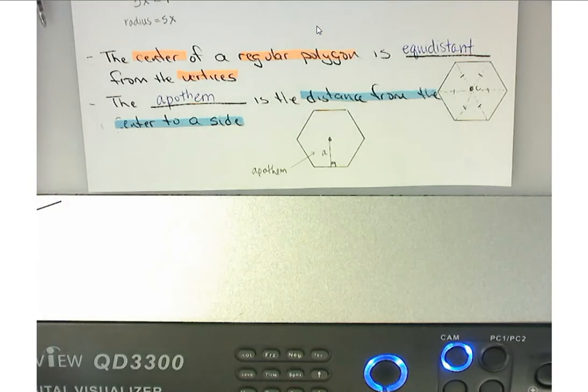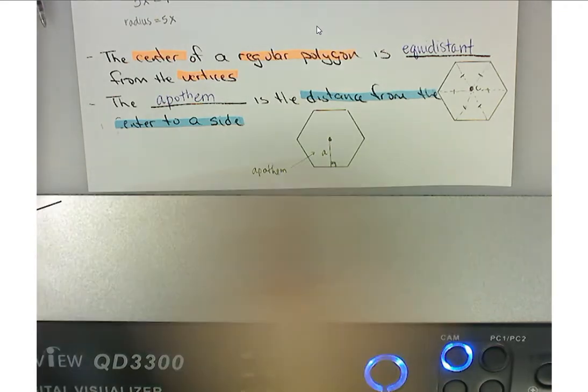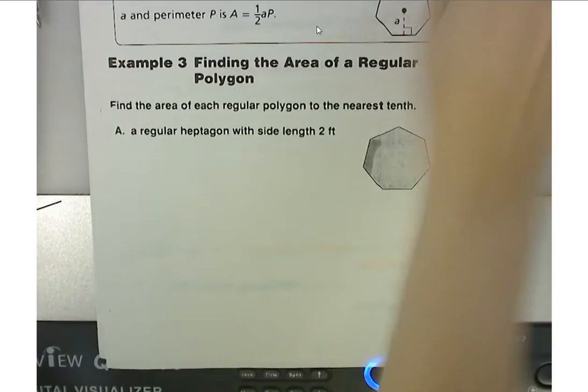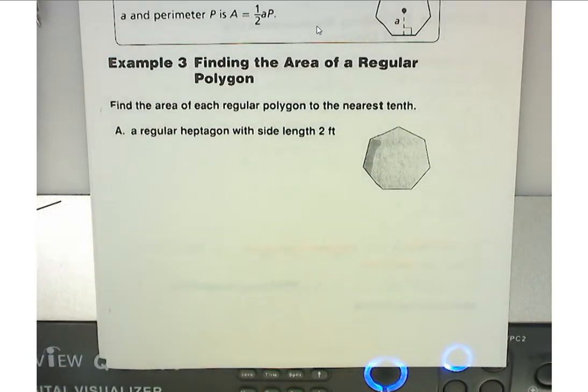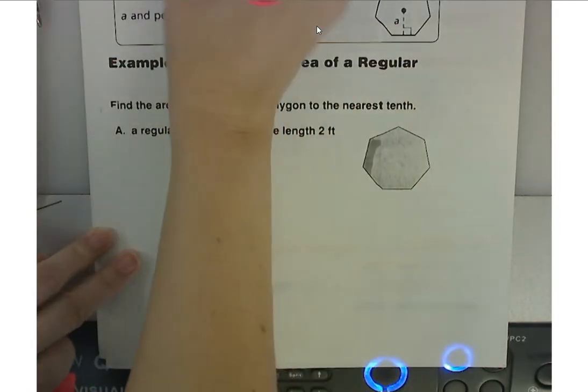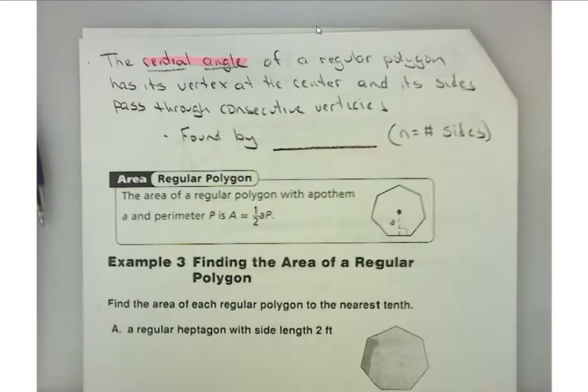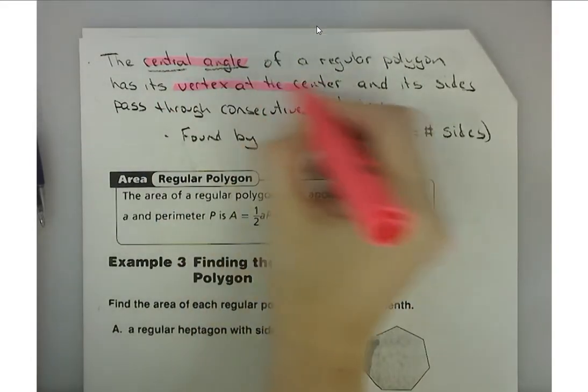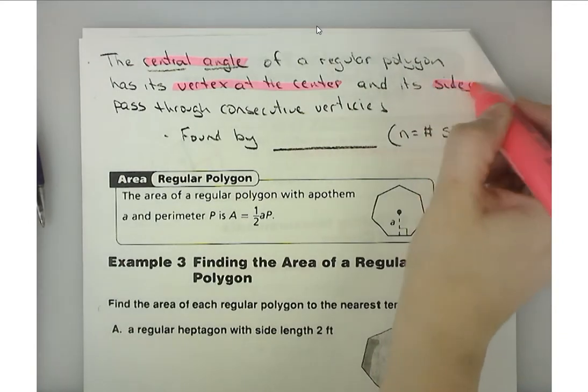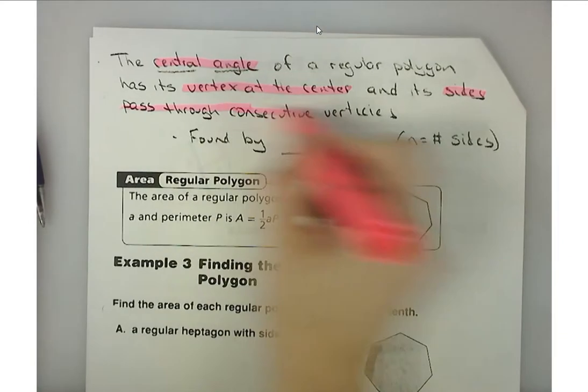All right, so one other thing we have to know before we start finding other areas is the central angle. The central angle of a regular polygon has its vertex at the center, and its sides pass through the consecutive vertices.